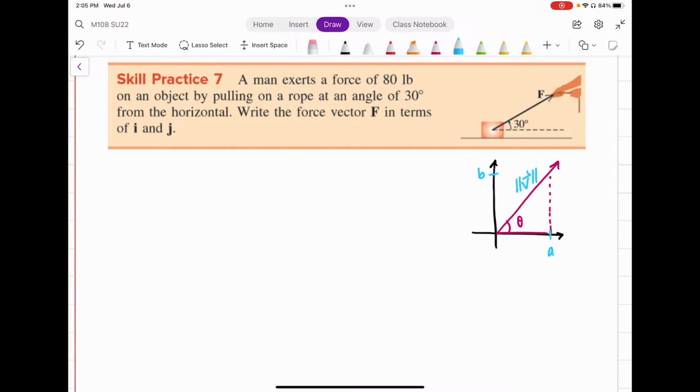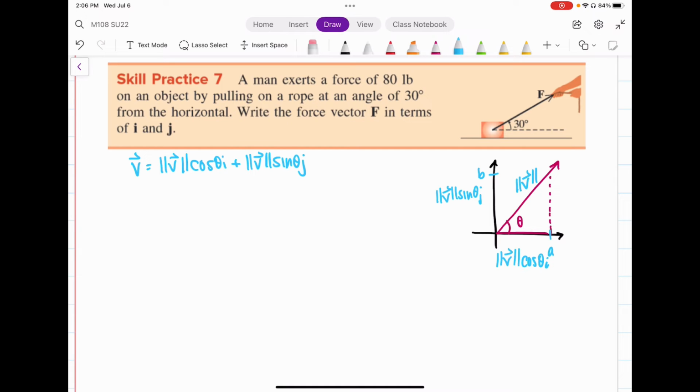Then the length is the magnitude times the cosine of theta i, because we're in terms of i and j for unit vectors. And the height is the magnitude of vector v times the sine of theta j. So I can write vector v as the magnitude of vector v times the cosine of theta i plus the magnitude of vector v times the sine of theta j.